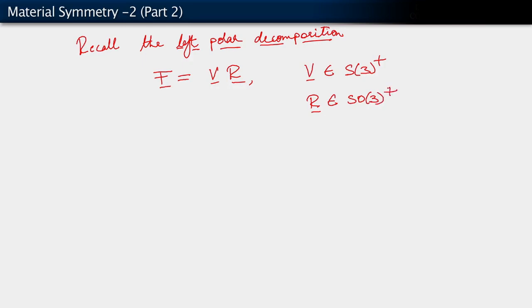R is a rotation that preserves handedness. So this is the left stretch tensor, and this is the rotation tensor.